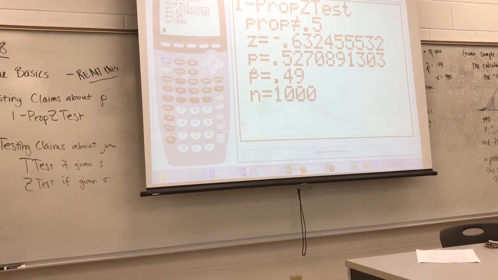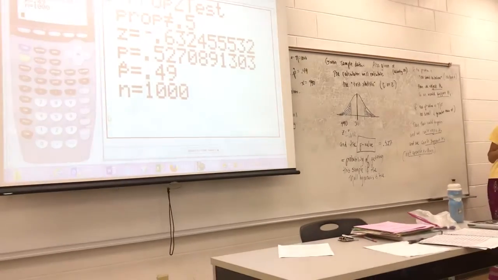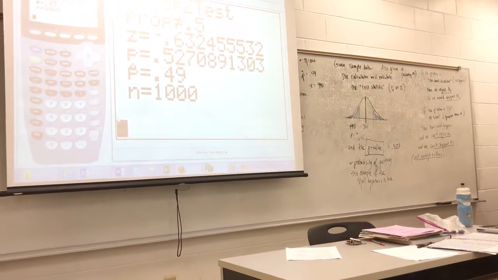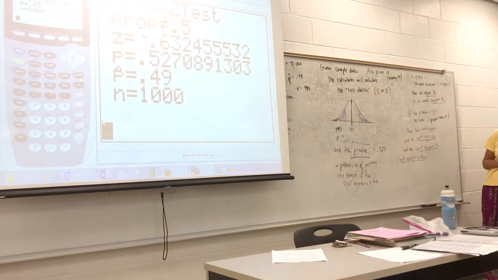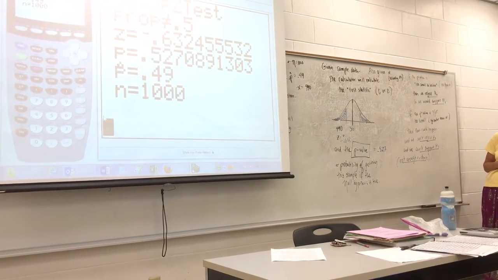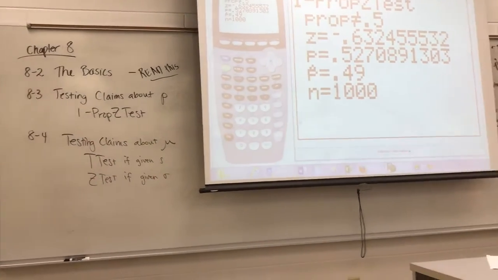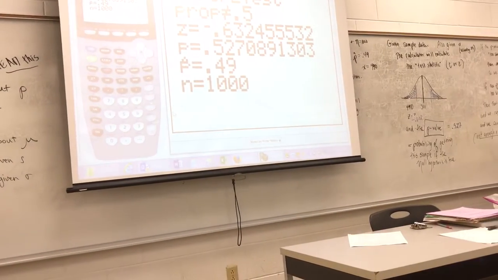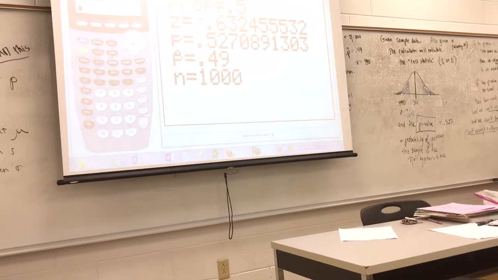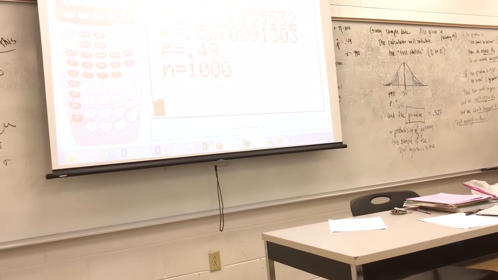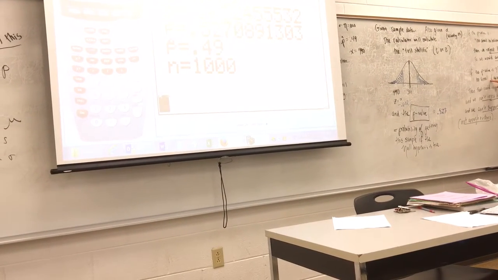So again, that's the probability of getting this sample data if the null hypothesis is true. So basically, that's going to happen more than half the time, right? 52%, that's a probability. 52.7% chance of getting this sample data if the null hypothesis is true. Since that could happen, that's not too small to believe.